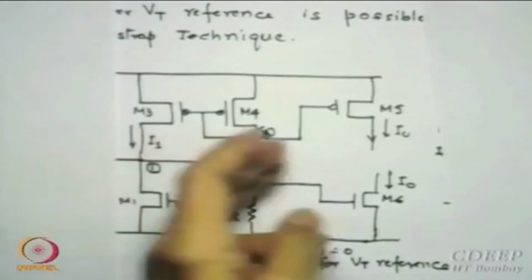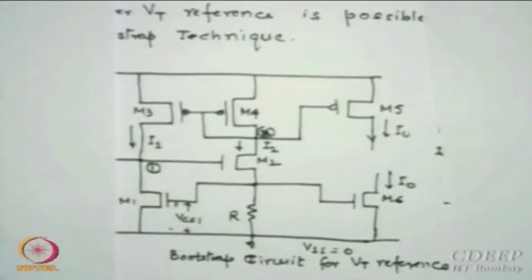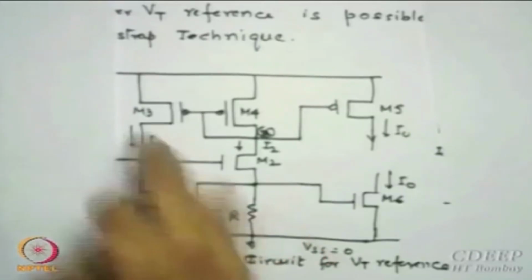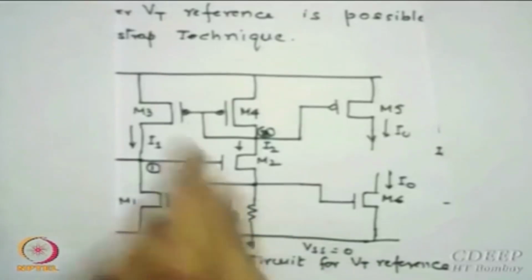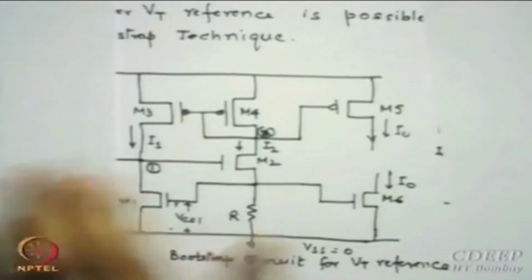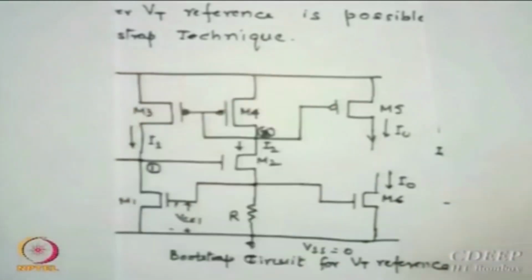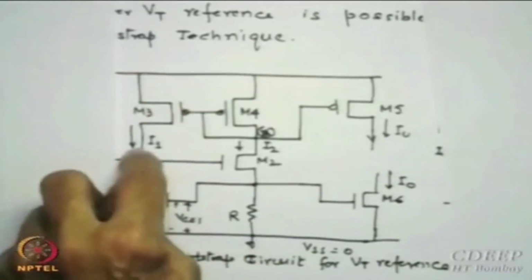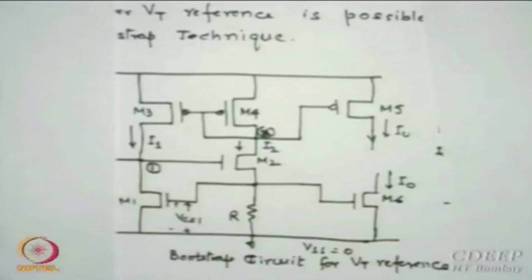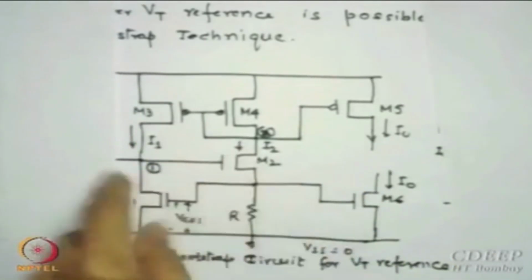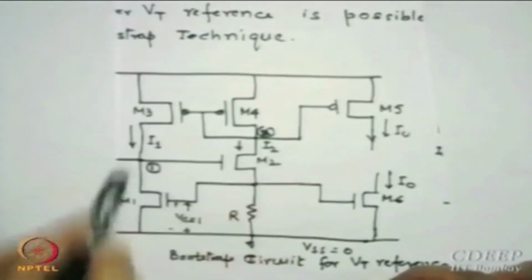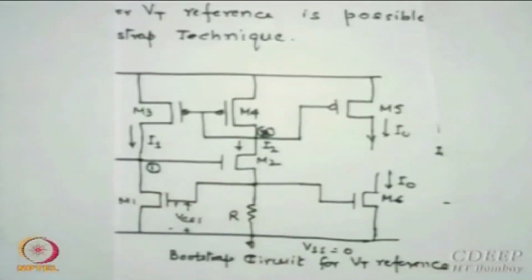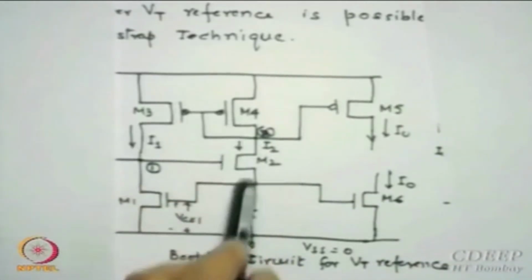So I have written currents I1 and I2, in fact I1 and I2 will be equal provided M3 and M4 have the same W by Ls, same thresholds and are connected in this fashion, and therefore it will mirror this current into this. Okay. So in real sense I will put I1 equal to I2, but right now I have shown two separate currents. Now this is like a feedback circuit which we did just now, is that correct? At the VT reference, this is the same circuit. So this current goes through R.